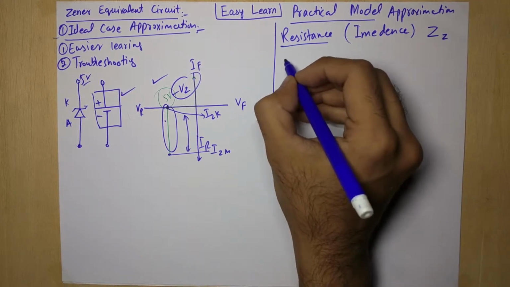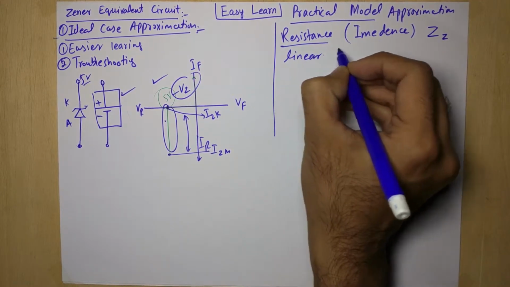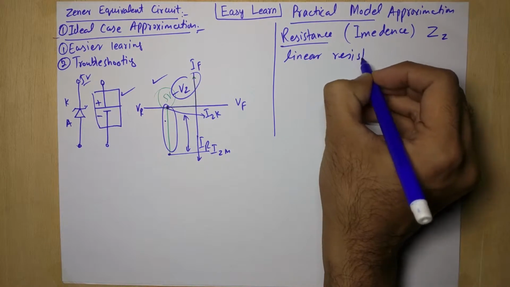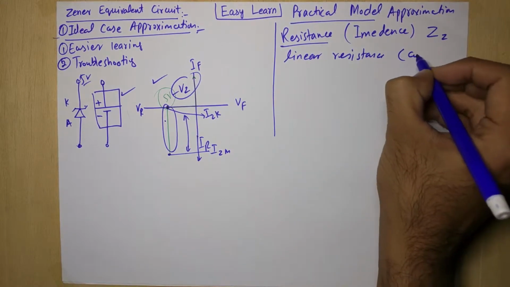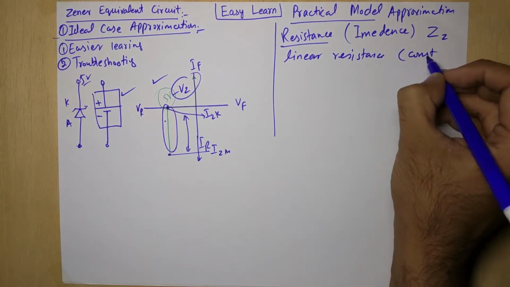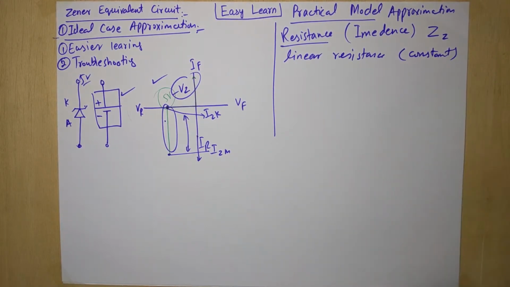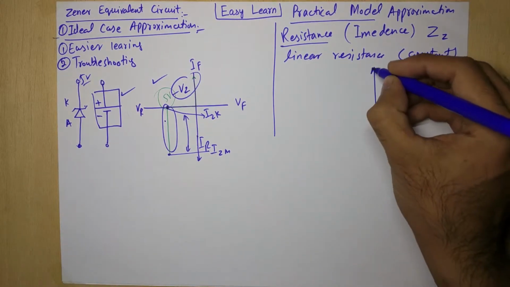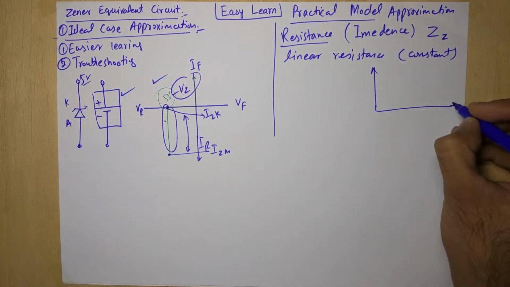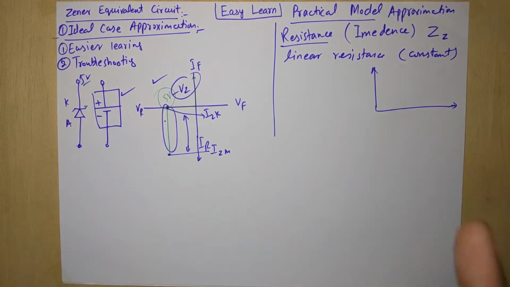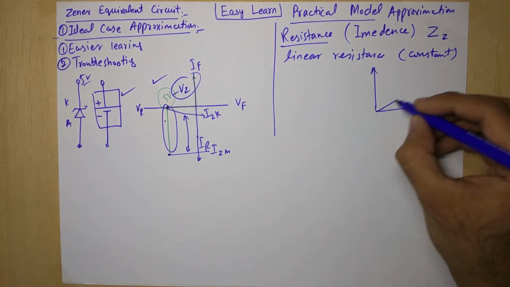One more thing: this is a constant linear resistance, which means its value is constant, as I already explained in the introduction to electronics series in detail, about linear and non-linear resistance.